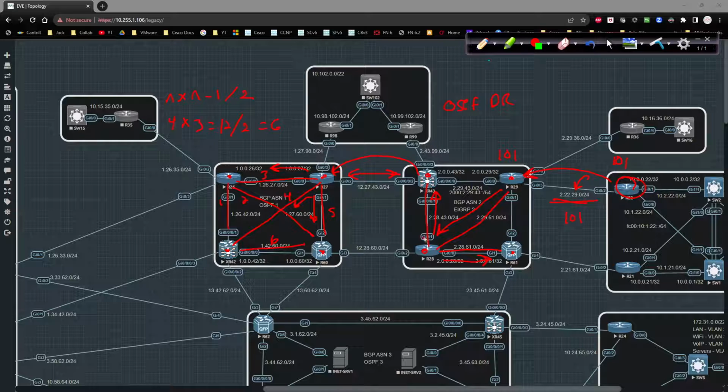Then this information is going to get passed to 28, 28 to 43, 43 is going to pass it to 27. So you're going to have an AS path of 101 as the originating AS, and then 2, because the traffic has to pass through AS 2 in order to get to 1. And that information is going to get propagated all the way around. So your AS path is going to look like this. It's going to be a 2 AS path length with the originating AS of 101.